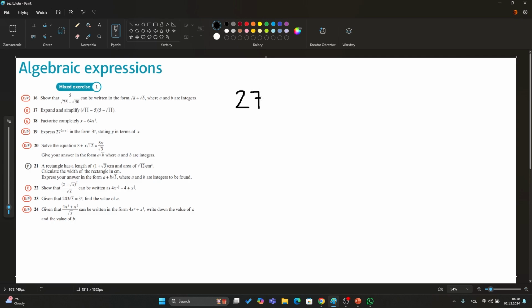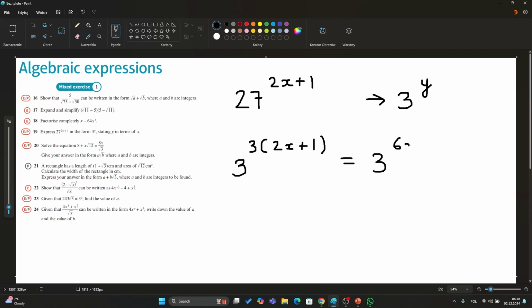Now we have 27 to the power of 2x plus 1. We have to express it as 3 to the power of y. So how do we do it? To get to the base 3, we know that 27 is the same as 3 to the power of 3. So that means that we have 3 to the power of 6x plus 3.